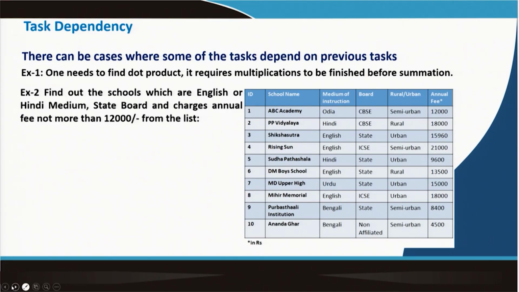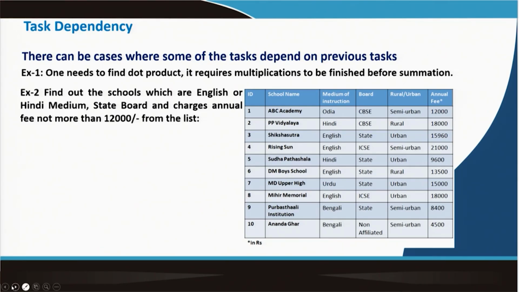Now, for certain policy purposes, such as a certain award, somebody wants to find out which schools have either English or Hindi as their medium of instruction or first language.